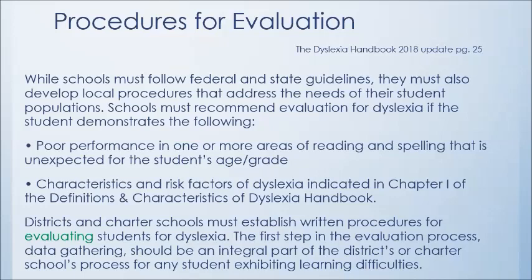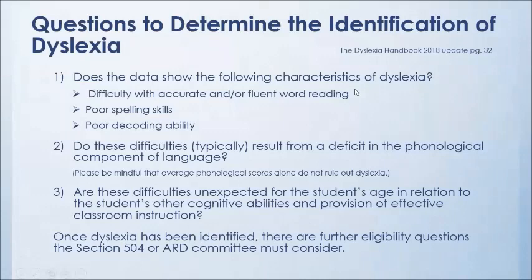Districts and charter schools must establish written procedures for evaluating students for dyslexia, and one of the key components is the gathering of data. The gathering of data will assist with targeting the child's learning difficulties.